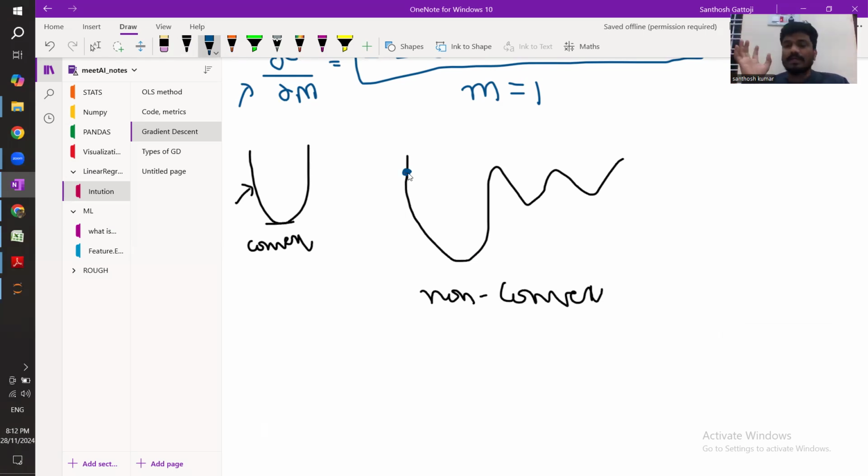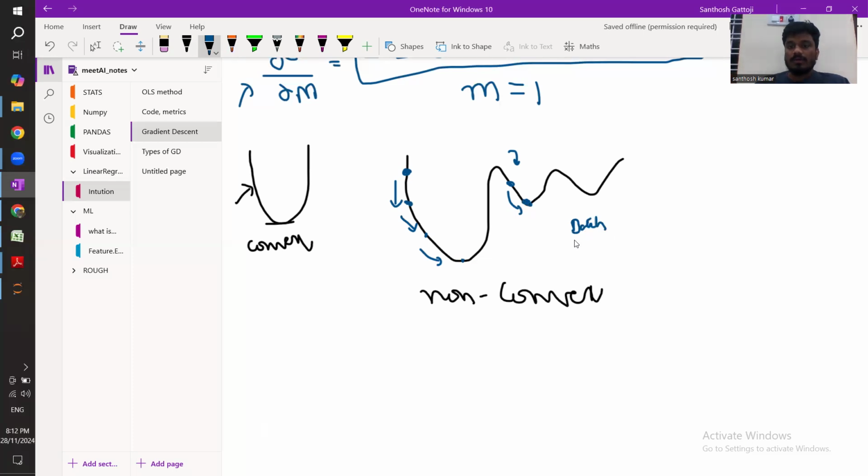You took the complete data set, calculated the loss, got a new point, and moved this side. Again you took the complete data set and moved here, and again. You are reaching here, that's fine. But even if you are here, you are taking the complete data set and calculating the loss, and you will move this side, which might make you settle here in the batch.